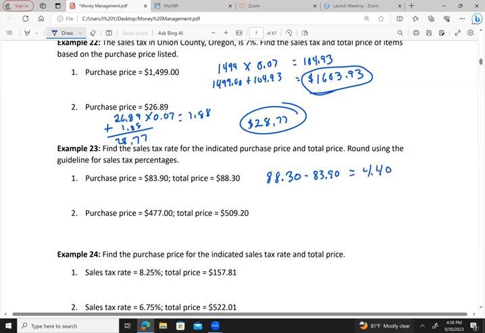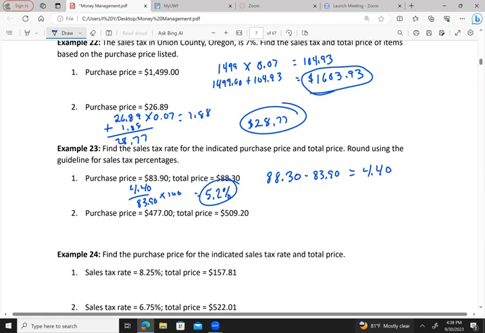And what percent of $83.90 is that? So 4.40 divided by 83.90 times 100. 4.40 divided by 83.90, and that gives me 5.2%.